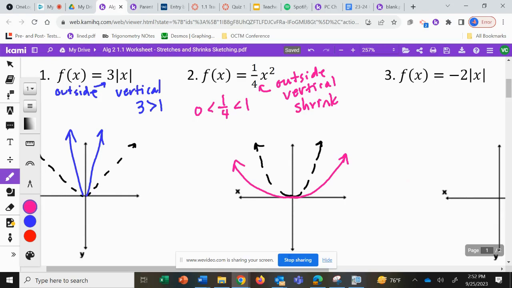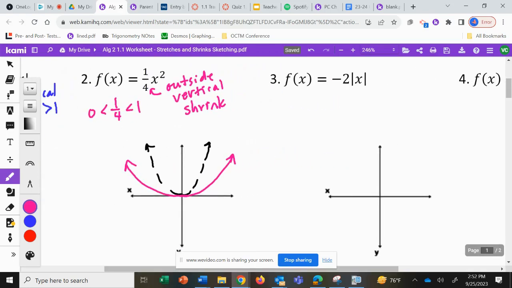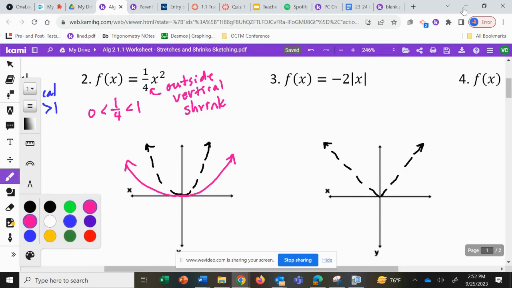All right, question 3. I'm going to do this one because there's a negative sign in this one. So we're going to start with our absolute value. And the negative and the 2 are both on the outside.